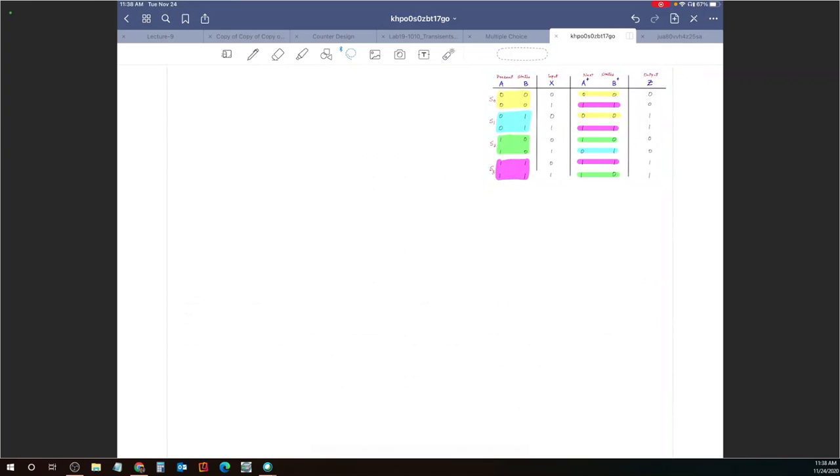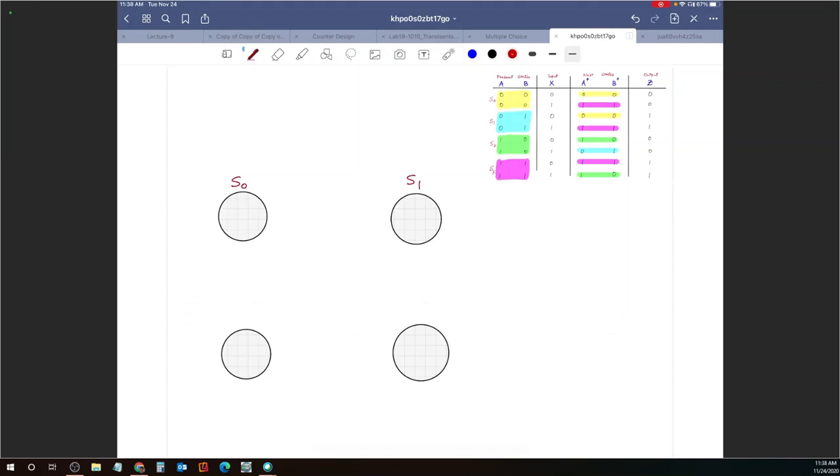All right. Let's draw 4 circles here. And then this can be S0, S1, I can make this S2, and I can make this S3.